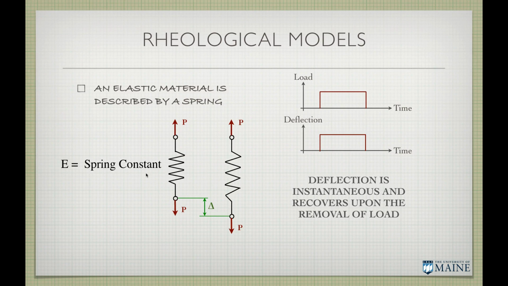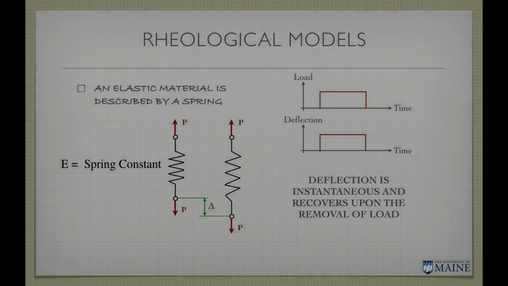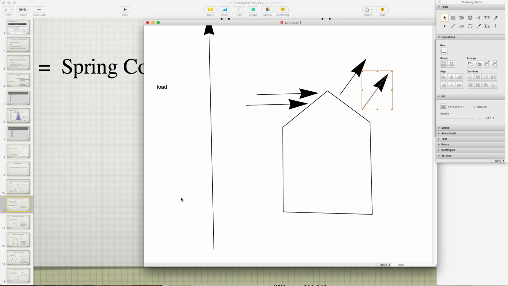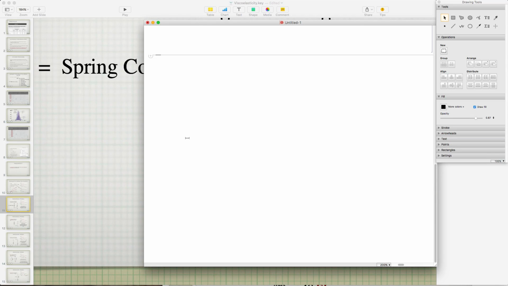So we would say E is a constant. In Mathematica, we would say E is equal to some constant plus 0 times time, t. That would be one way to represent it.